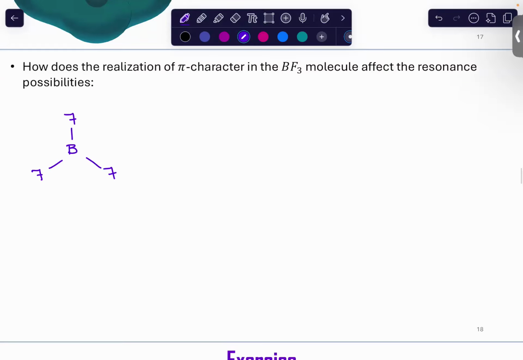And so I know that the resonance is going to start doing this. And it can go all the way around.